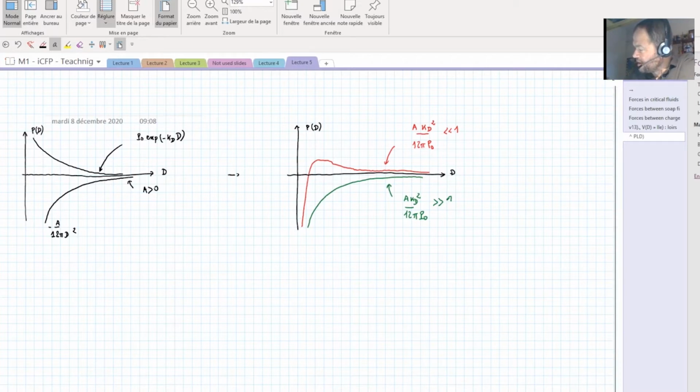So you see that depending on the Debye length, you can have a maximum or not in the free energy. So that's something which is really important in electrostatics, in colloidal science, which is that changing kappa D or lambda D can allow to control the interaction potential.